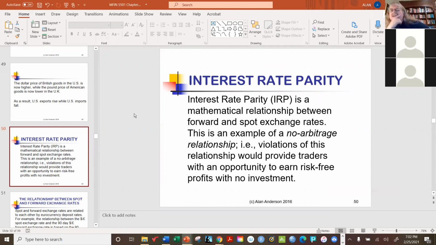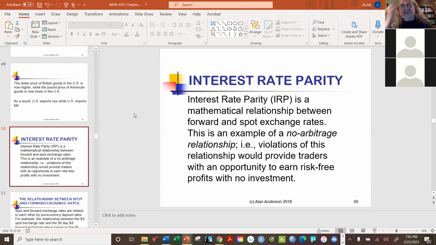Here, it implies that there's a no arbitrage relationship of some kind, which means that if it's violated, that would indicate that we could earn risk-free profits. Other times, you'll see later in the course, there are parity conditions that do not involve arbitrage at all. So you can't assume that the word parity always means arbitrage-free, but frequently it does. In this case, it certainly does, because we're looking at a no arbitrage relationship between spot exchange rates and forward exchange rates.